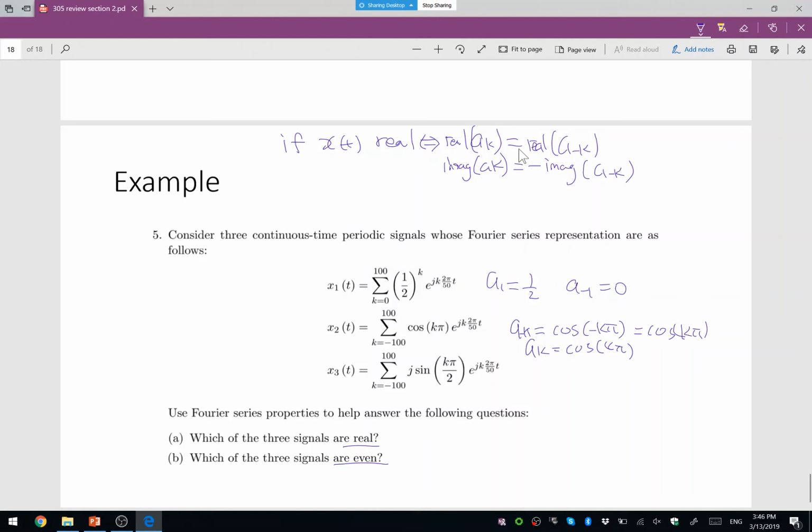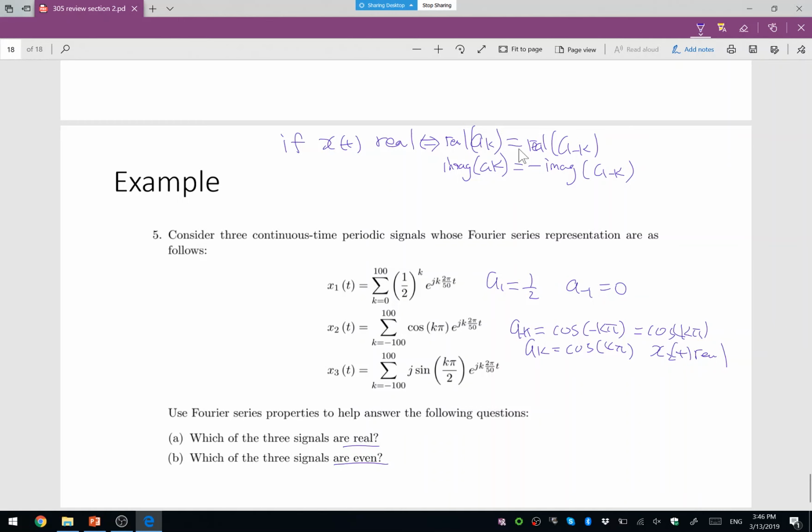And the imaginary part: because a_k is pure real, you don't see any j or any exponential here, the imaginary part is all 0, and all 0 satisfies this condition, so x2 is real.